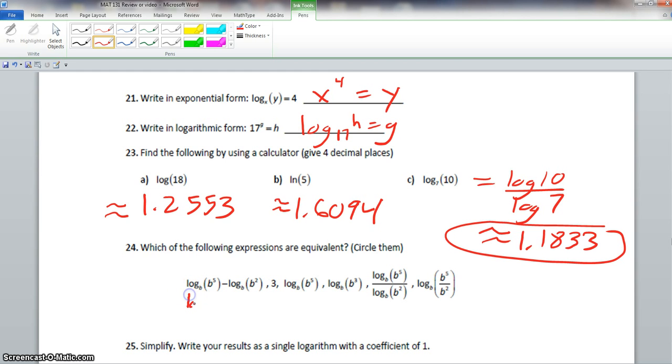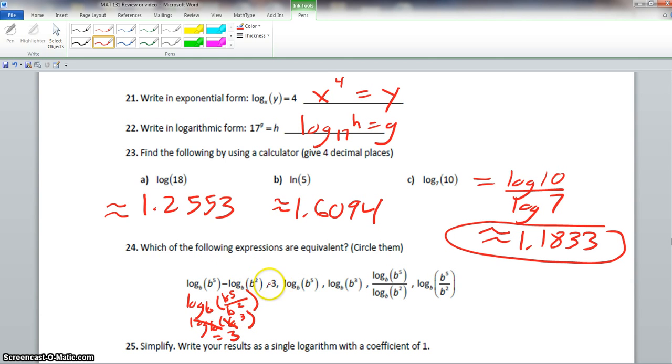This is really log base b of b to the fifth all over b to the second. And when we solve this here, this would give us log b of b to the third, which will simplify out and give us 3. So this first value here is actually 3.